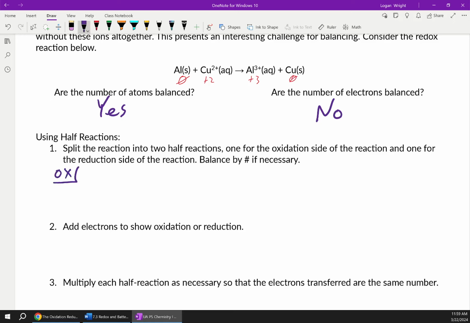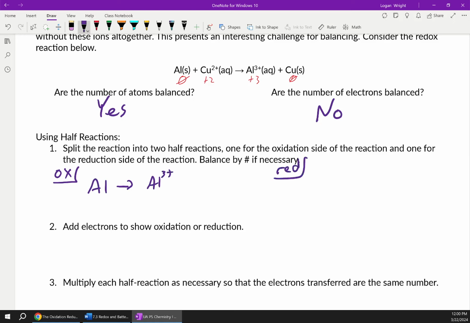Which element is being oxidized? Aluminum. Okay, so the way we're going to write the aluminum half reaction is by writing the stuff that we know about aluminum. For instance, it starts out as pure aluminum, and it ends as the aluminum 3+ ion. Step 1 is done for aluminum.